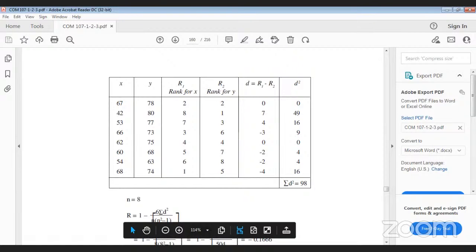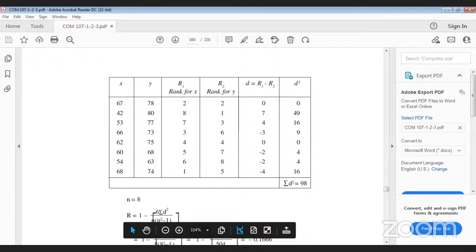Then 0 square will always be 0, 1. Then 2 into 2, that is 4. Then again 2 into 2, it is 4. Then 4 into 4, it is 16 here. Now the last column should be totaled, that is summation of d square, it is 98 here.